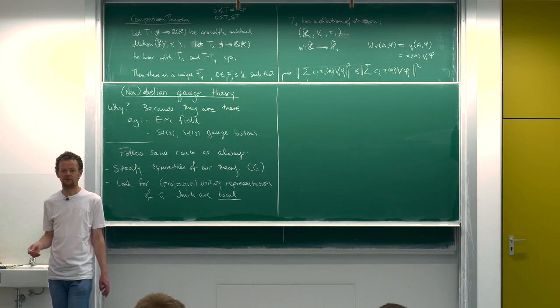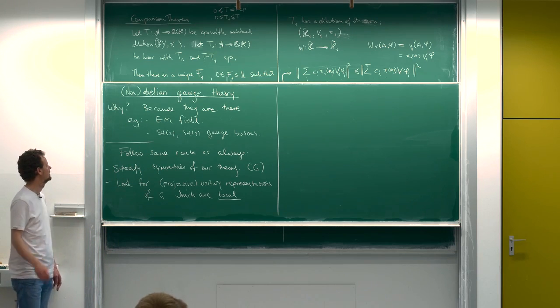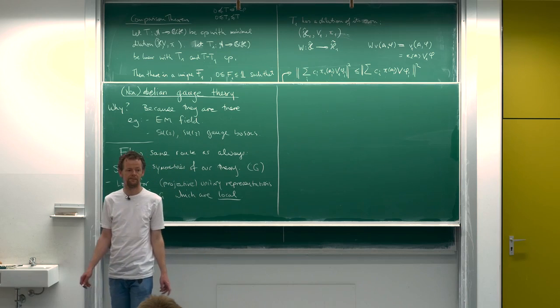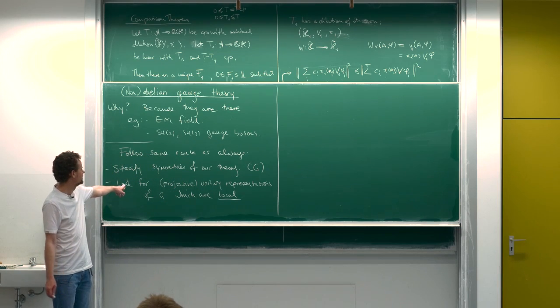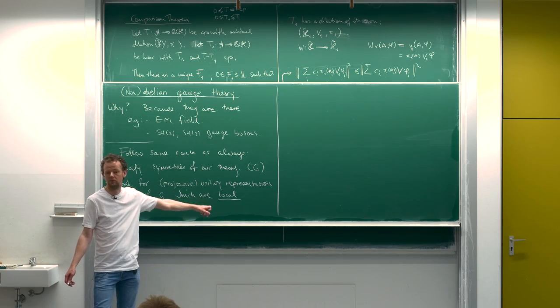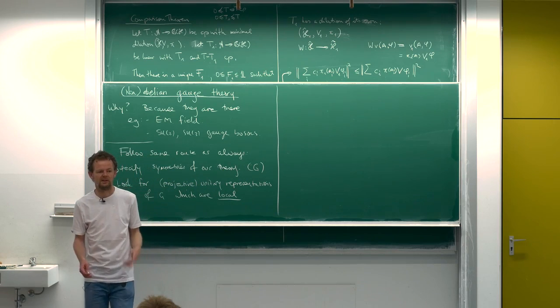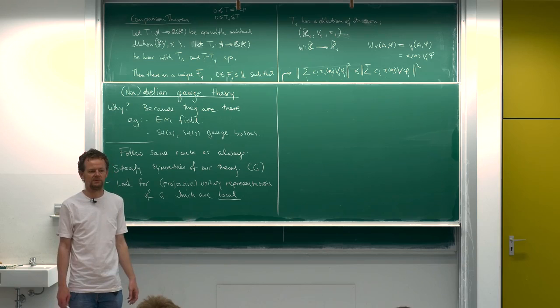You specify the symmetries of the theory that you're interested in. Let's say that the symmetries are captured by some group G. And then, how do you build a quantum theory? Well, you look for projective unitary representations of G, which are local. It's very easy often to find unitary representations of a group. The group can act on itself, so you get those representations pretty much for free. But are they local?